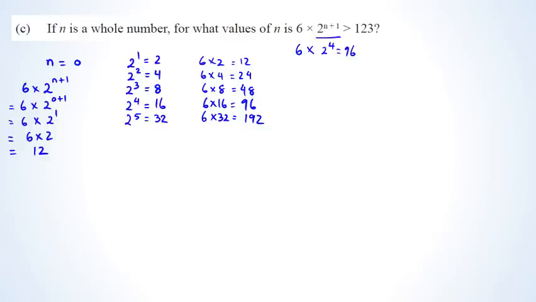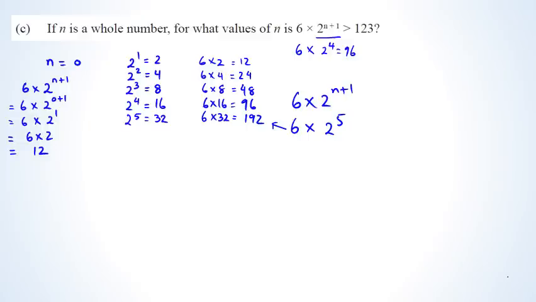What I need is a minimum of 6 times 2 to the power of 5, because that is going to give me a value of 192, and 192 is bigger than 123.